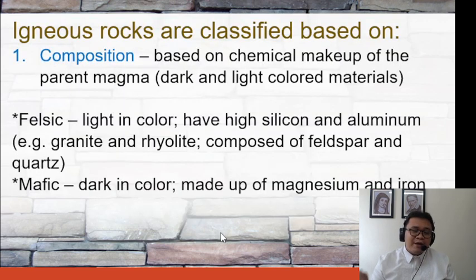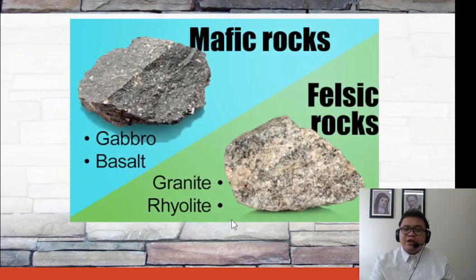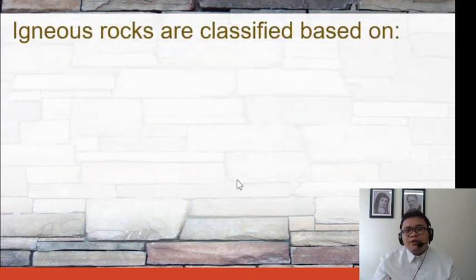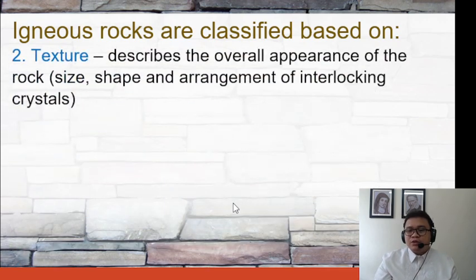By the way, I interchanged the description there. When you say felsic, that means it's light in color, and mafic is dark in color. As you can see here, mafic is darker than felsic. So sorry for that.